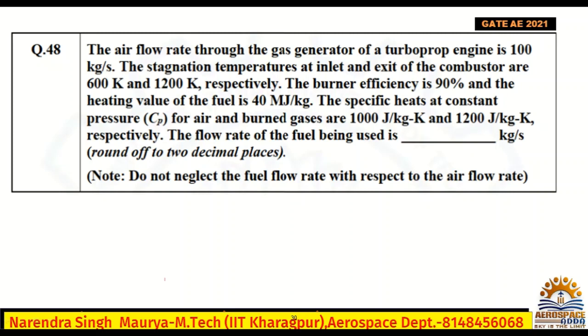Okay. All right. This is another problem. This was problem number 48. So we'll go for the solution for this problem again. Now check. What given data they have given? The airflow rate through the gas generator. What is the gas generator?